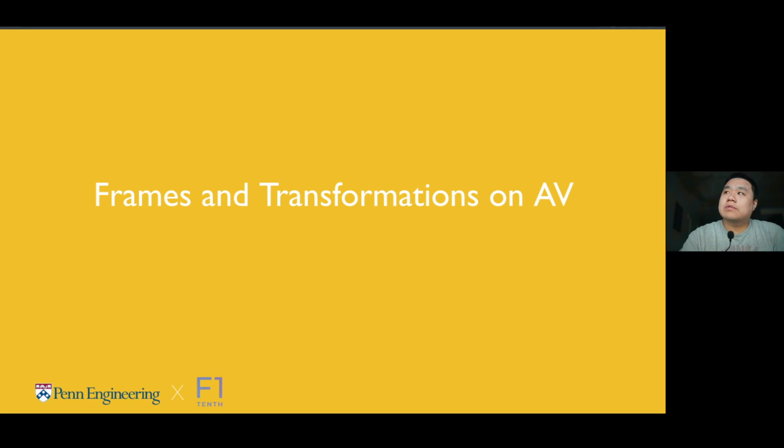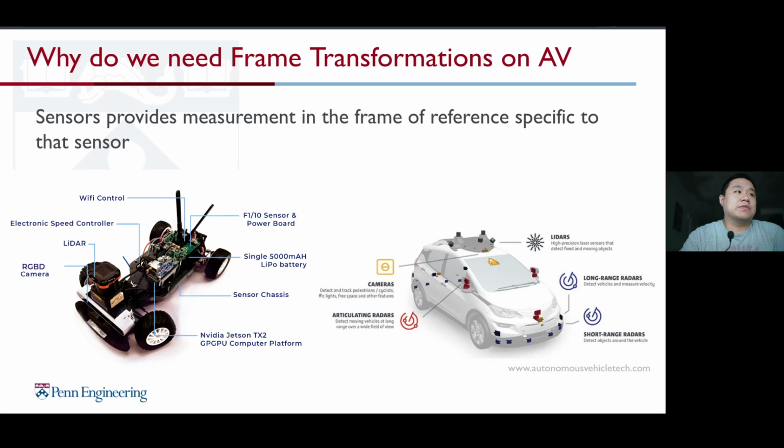And the big question is, why do we need multiple frames, and why do we need to perform these transformations on an autonomous vehicle? As we said before, usually on an autonomous vehicle, you can find multiple sensors on board, for example LiDARs, radars, and cameras, and sensors provide their measurements in a frame of reference specific to that sensor only.